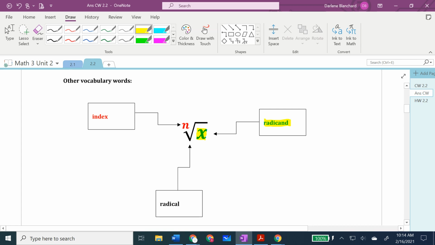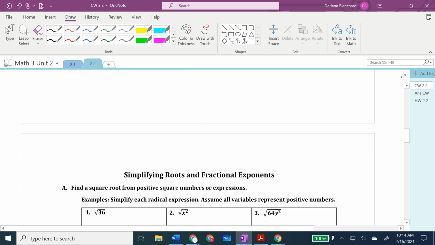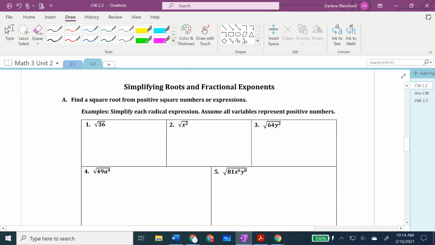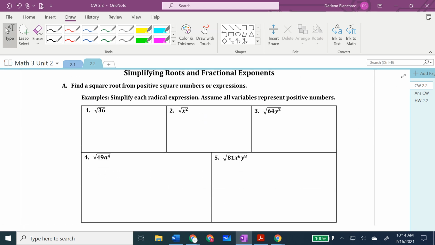Now, I have found that a lot of Math 3 students don't know how to simplify roots. And so I'm going to take you through that in a slow process. So follow me. We're on a journey together with a slow process.